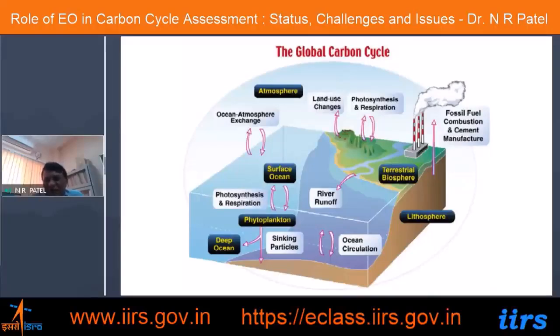In 2010, this sink increased further to 4.3 petagram carbon, and today it is 4.7 petagram carbon. But still the carbon added to the atmosphere is increasing because fossil fuel emission is also increasing.